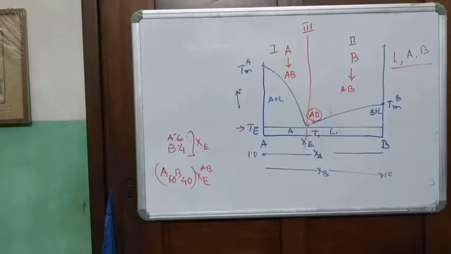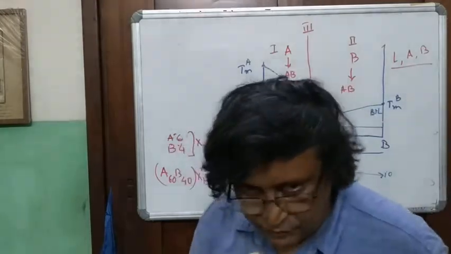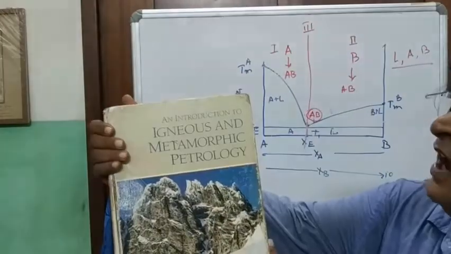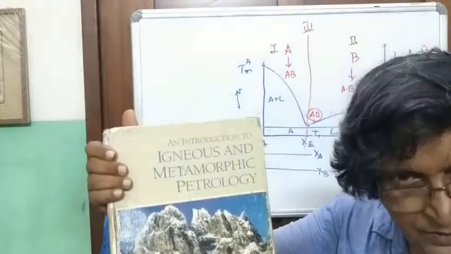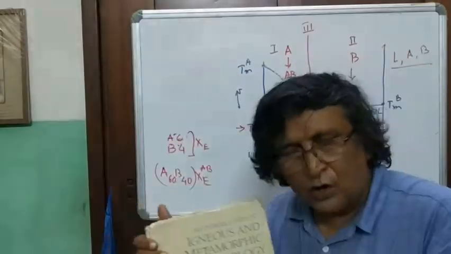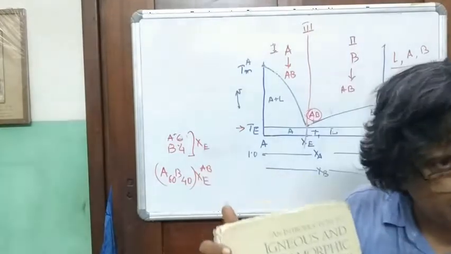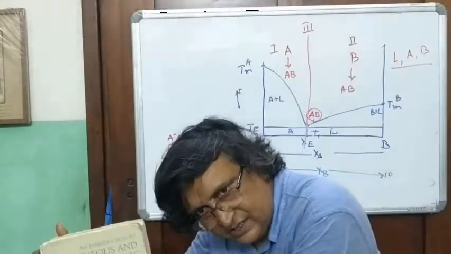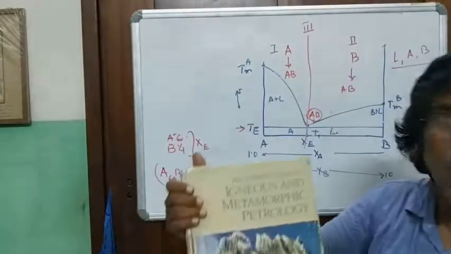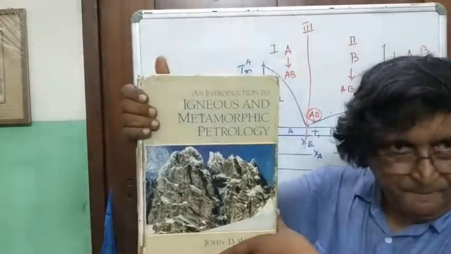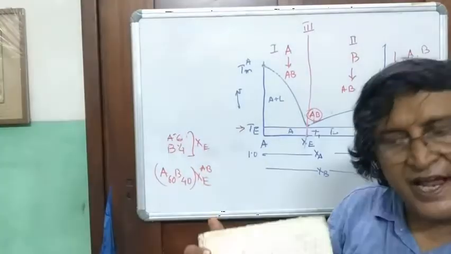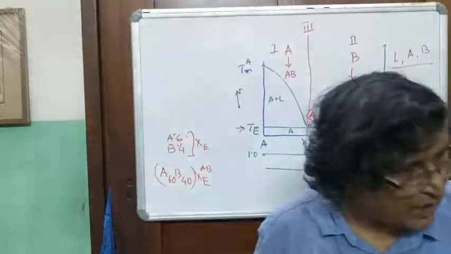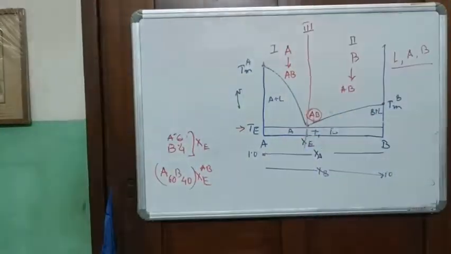For those who are interested, you can refer to this book here, An Introduction to Igneous and Metamorphic Petrology by John Winter. For the discussions that we will have for considerable classes now, I will follow this book. These phase diagrams are very well discussed here.